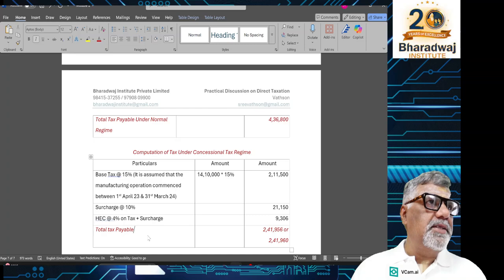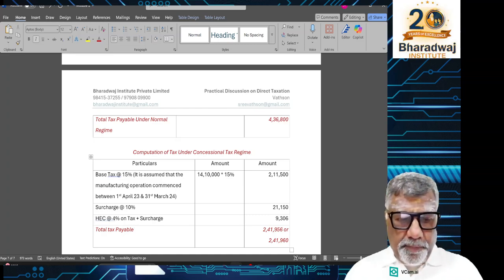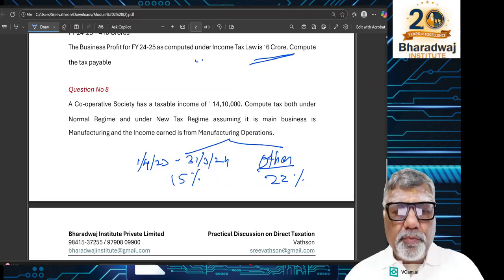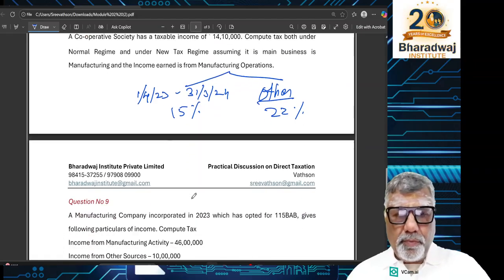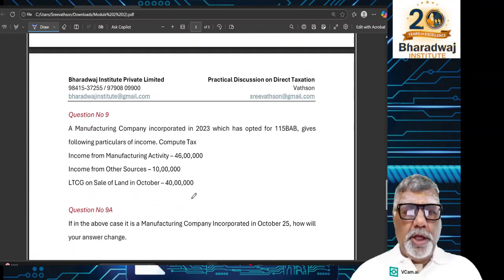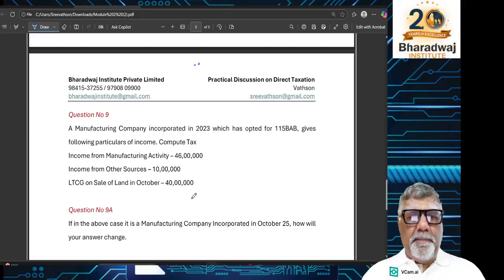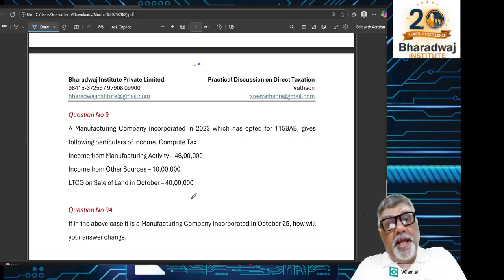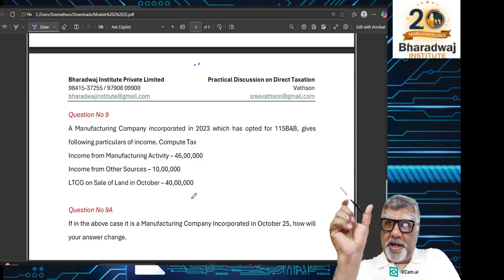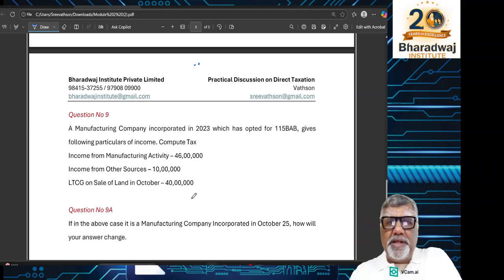Are you understanding this? Shall I proceed? Question number 9. A manufacturing company incorporated in 2023, so we are coming under the concessional regime bracket only, which has opted for 115BAB, gives the following.